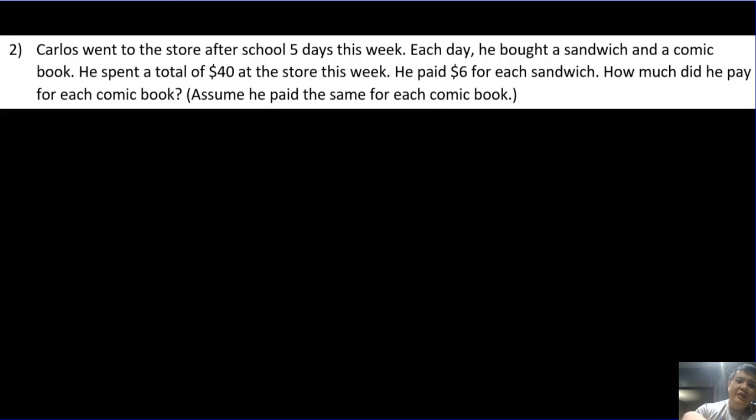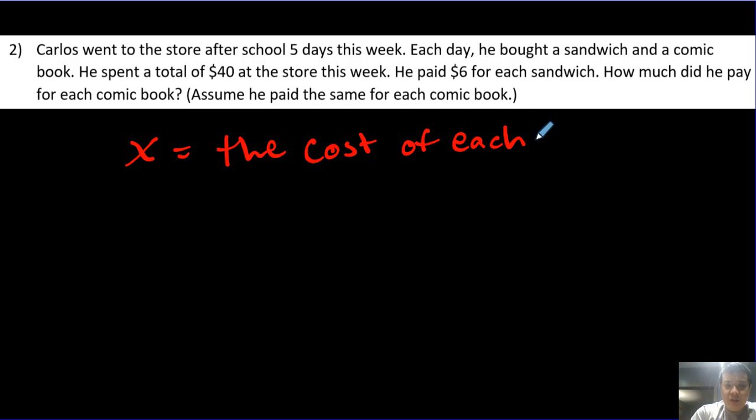So here X represents the cost of each comic book. Or another way of thinking about that is the cost of one comic book. Each comic book means that we're just looking for the cost of one comic book.